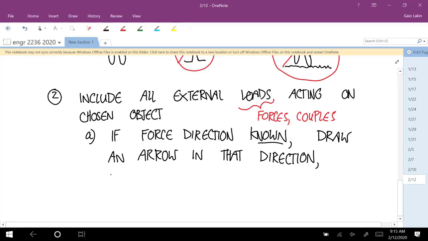And label that arrow with a scalar number or variable.